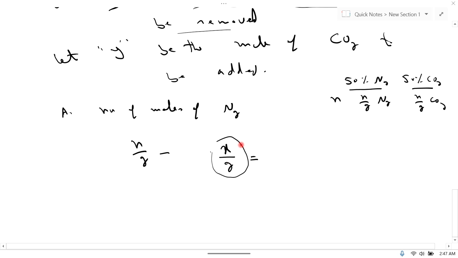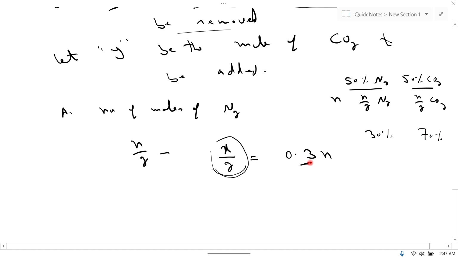And when we remove this amount of nitrogen, the remaining moles will be 0.3 n. This is because after the removal of the mixture and adding of carbon dioxide, nitrogen will be 30% and carbon dioxide will be 70%.